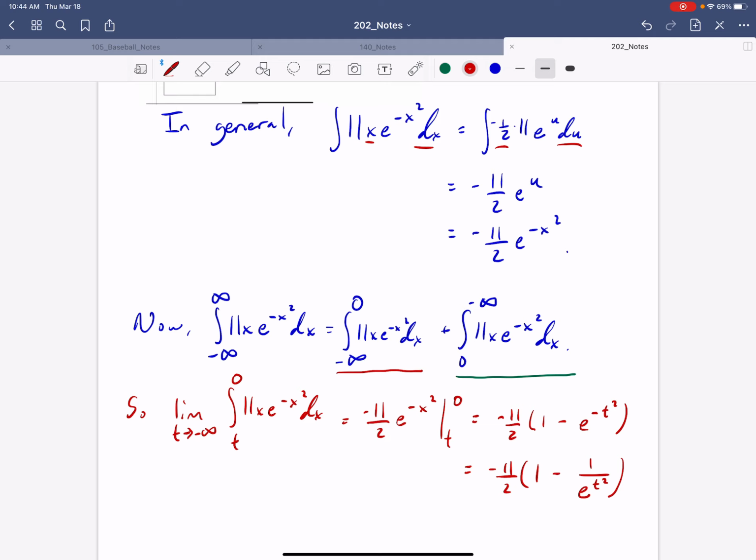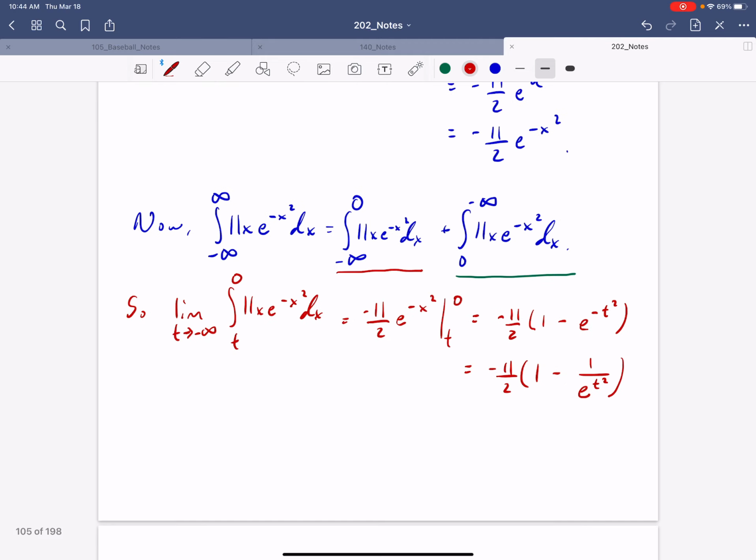Now it doesn't matter whether t is approaching negative or positive infinity, you square it so it gets big. e to the t squared gets big, which means 1 over e to the t squared is small. So this actually goes to 0, and we are left with negative 11 halves.